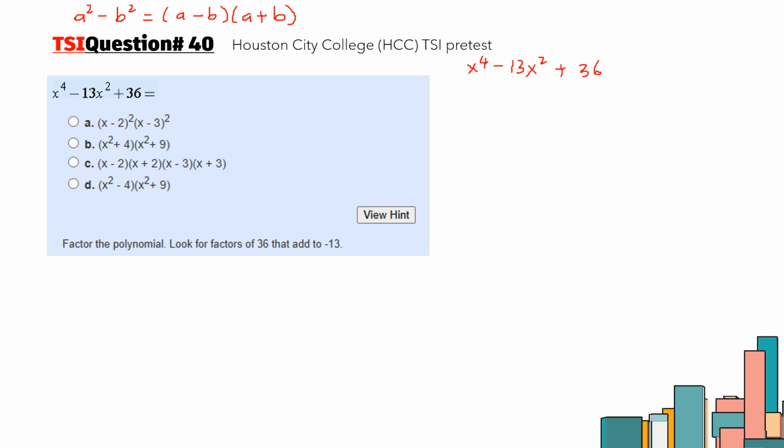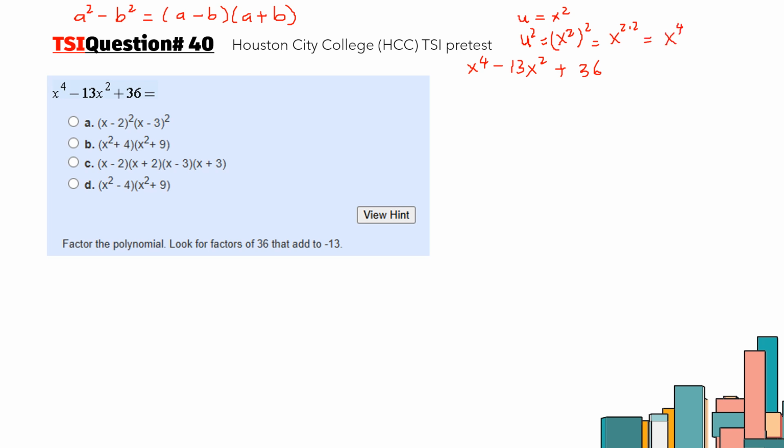So for this one, if I call u is x squared, then I have u squared is x to the power of 4, because x squared all squared becomes x to the power of 2 times 2, that is x to the power of 4.